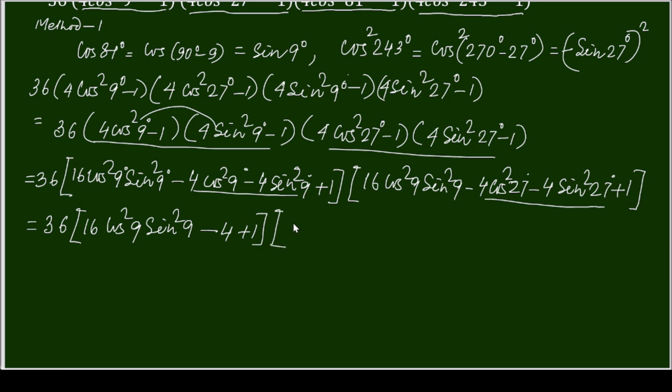For the second, by mistake I have written 9 degree, it should be 27 degree. Sorry. So 16 cos square 27 degree sine square 27 degree, again minus 4 plus 1.